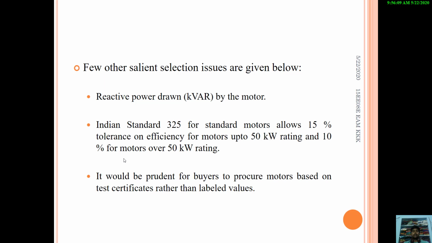This we already know. The next one is that it would be prudent for buyers to procure motors based on test certificates rather than label values, that is, some heat test, load test or no-load test. Some other tests can be done during manufacture. Based on that, we have to select the motor.